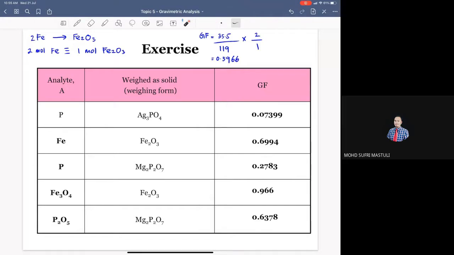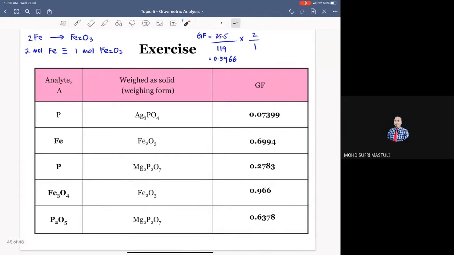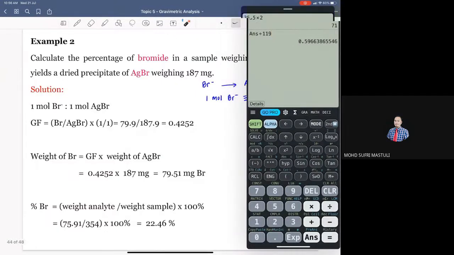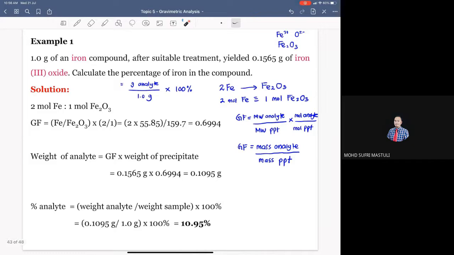So this answer is slightly different. So you can double confirm the answer using the periodic table. Maybe I put a wrong number in this formula. So Fe to Fe2 is correct. Oxygen is, what is the mass of Fe2O3? 159.